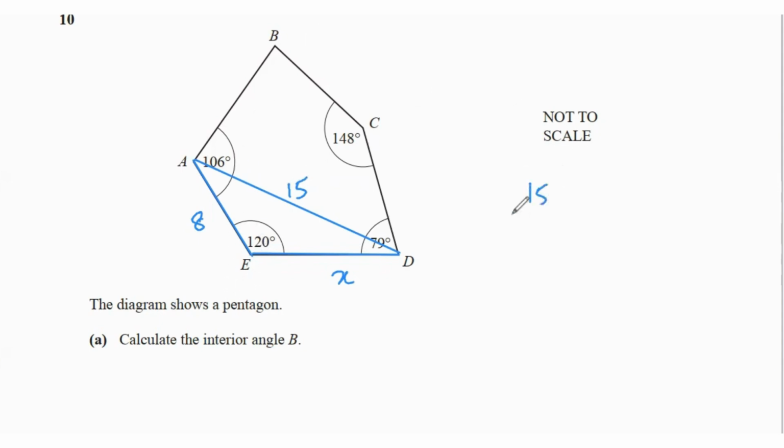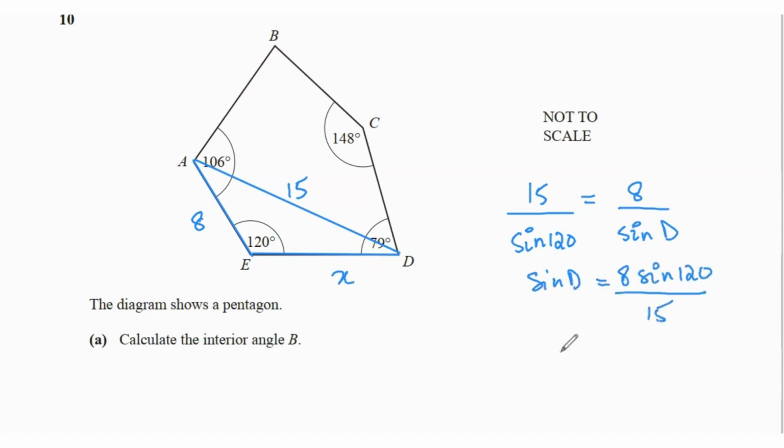So it's going to be 15 over sine of 120 equals to 8 over sine of D. That's going to be sine of D equals to 8 times sine of 120 over 15, which gives us 0.46188.